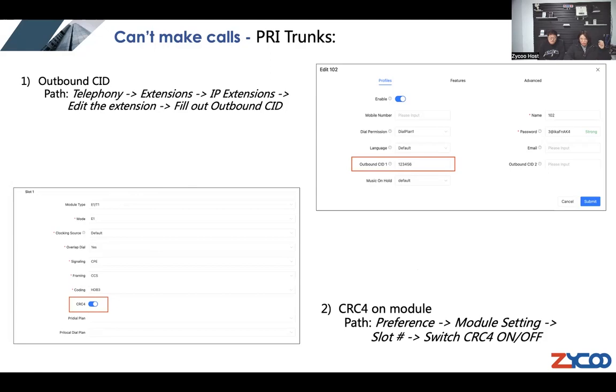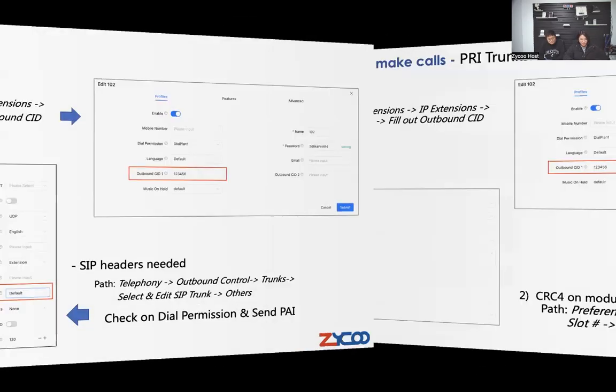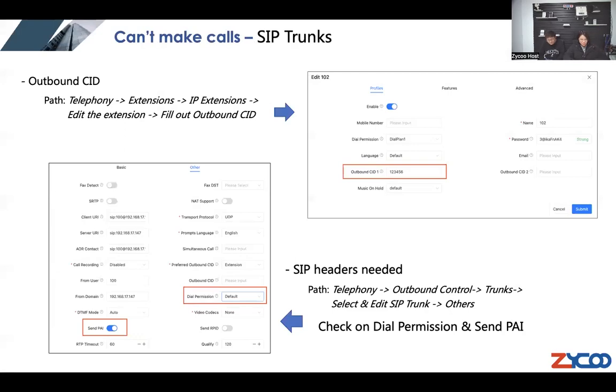CRC4 is fully off on our systems, but you can try to turn it on or off to give it a try. Sometimes CRC4 can fix the problem of the PRI trunk not being able to make calls.